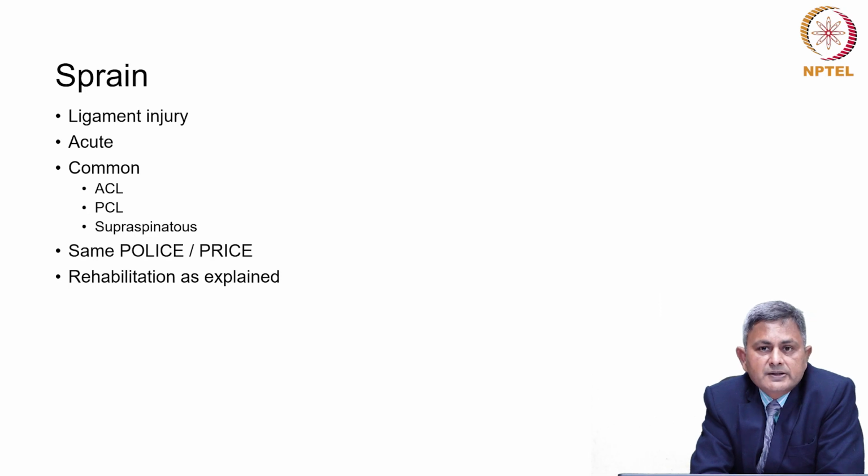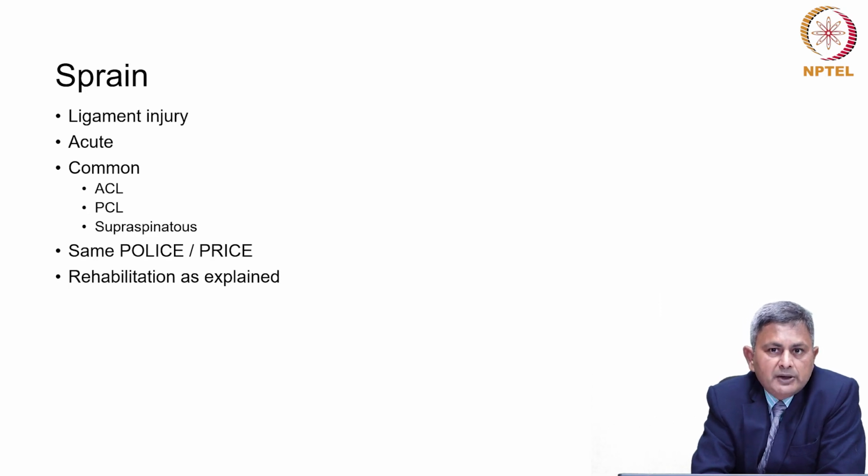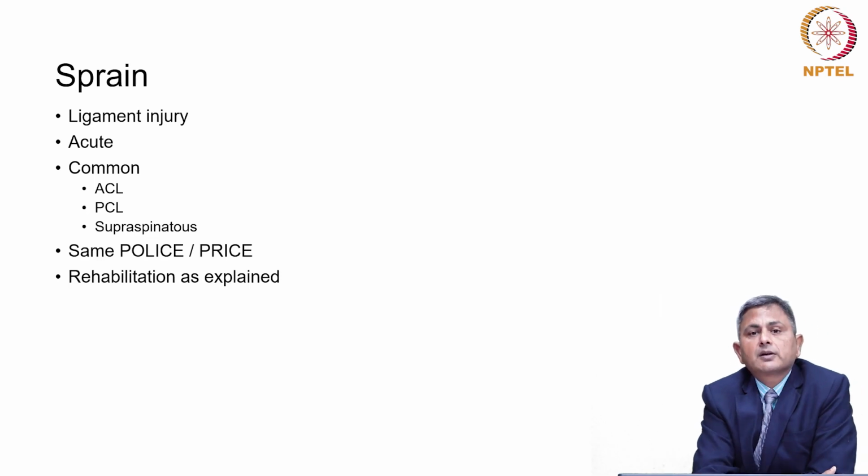Grade 3 is generally considered a complete tear, and grade 1 is if the injury is less than 50%. If it is more than 50%, it is grade 2, and grade 3 is a complete tear. So in the same ACL tear, in grade 1, chances of healing are there.